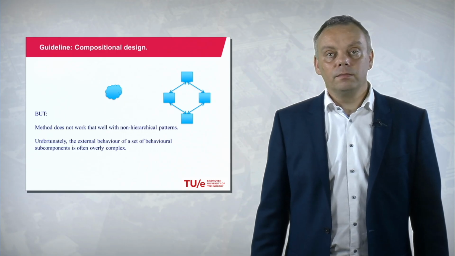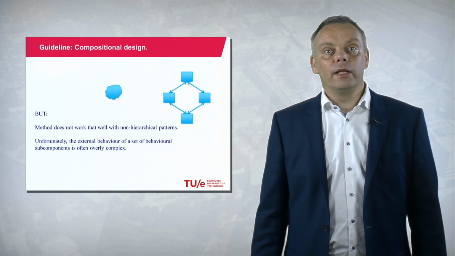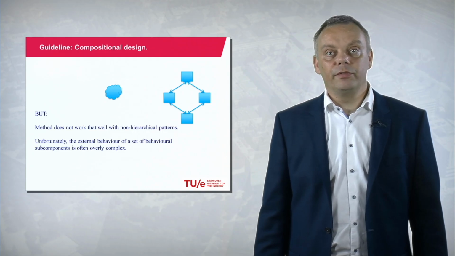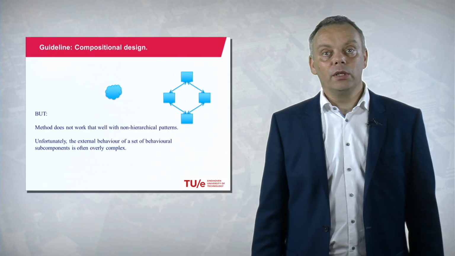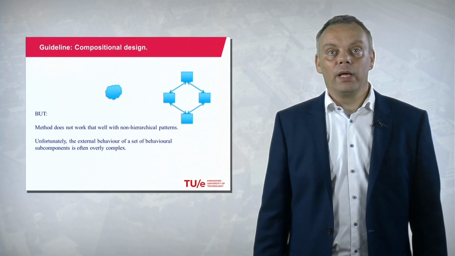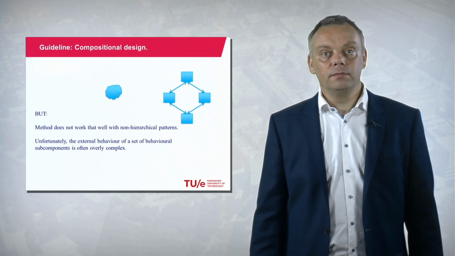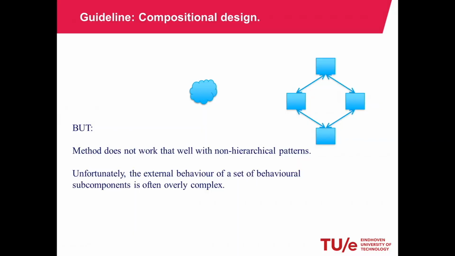The other observation is that the behavior of systems, if you combine a number of subparts, often is more complex than one would expect. And that is due to the fact that if you do not think about the desired external behavior, you get more or less the external behavior that's in the subcomponents, and that's more or less accidental.